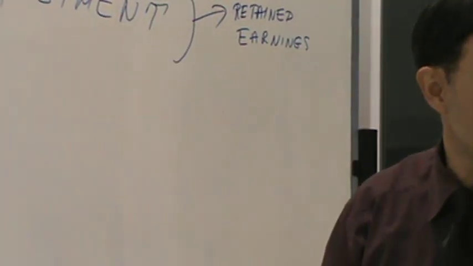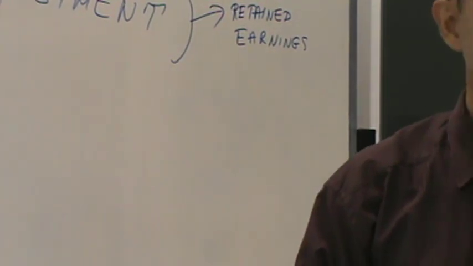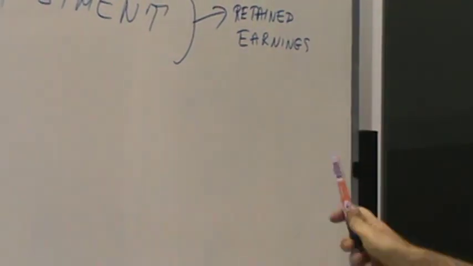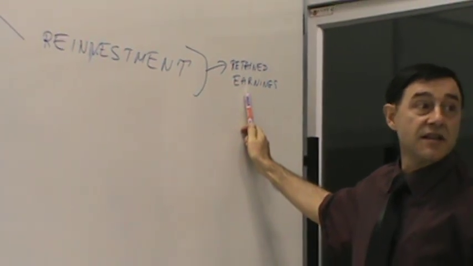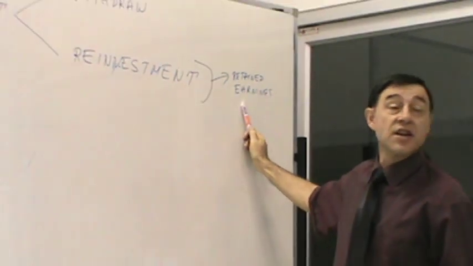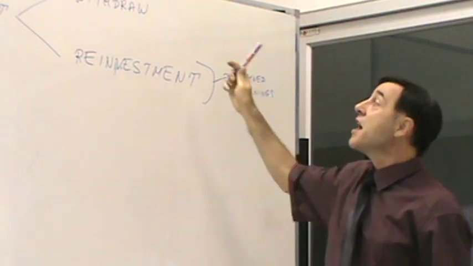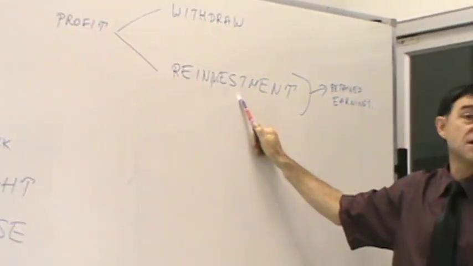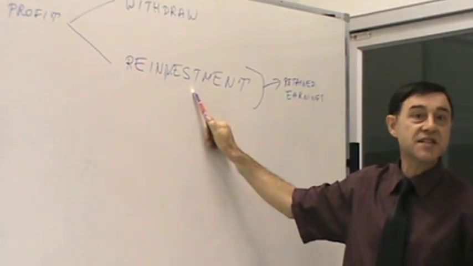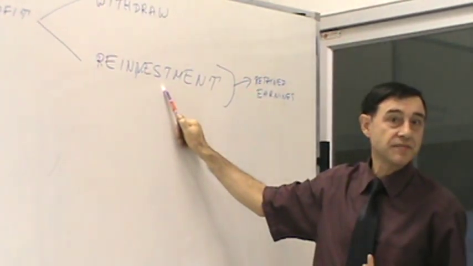So retained earnings is a profit which you reinvest in the business. It's the profit that's reinvested in the business. Okay.